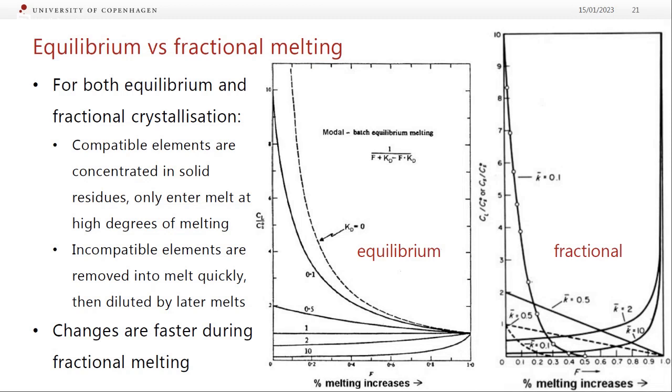Whereas in the equilibrium one, because the melt and the residue are always staying in contact, we always have some of these incompatible elements hanging around. And again, at 100% melting, the melt has the same composition as the original solid. So the changes are more extreme and they happen more rapidly during fractional melting. But broadly, higher incompatible element concentrations at the lowest degrees of melting.